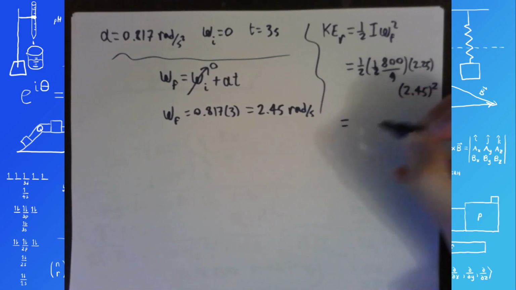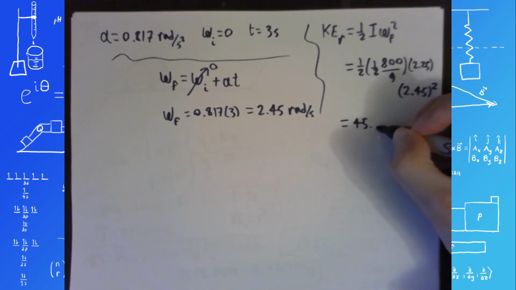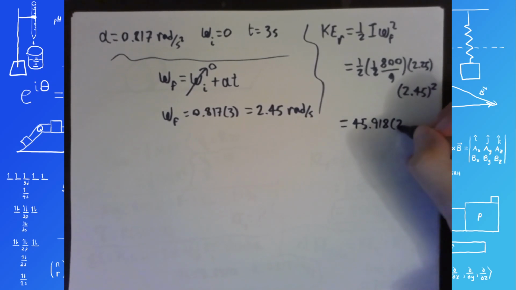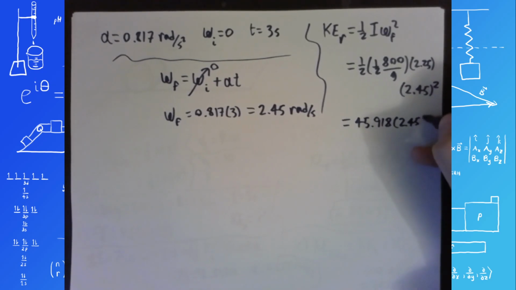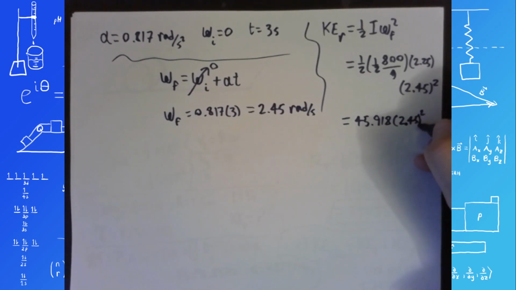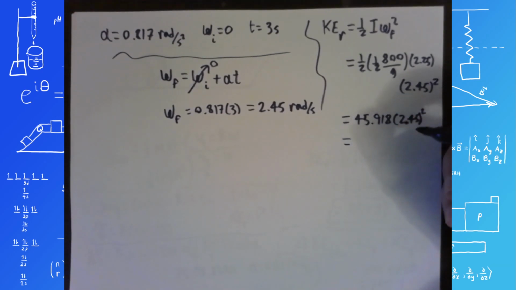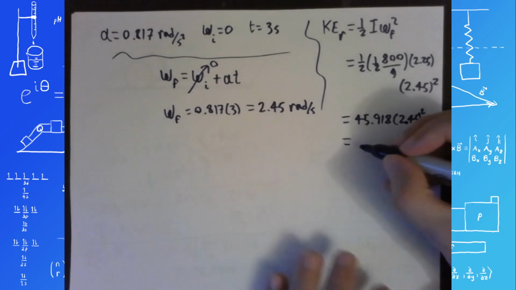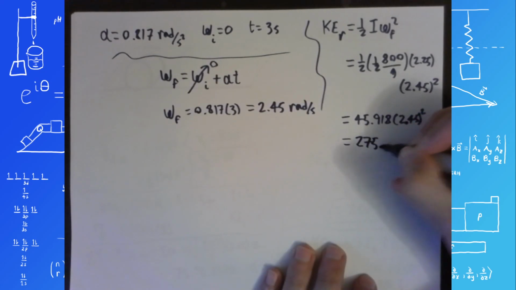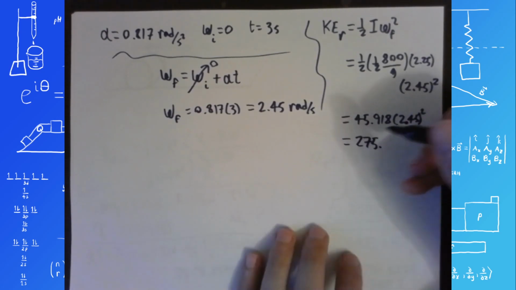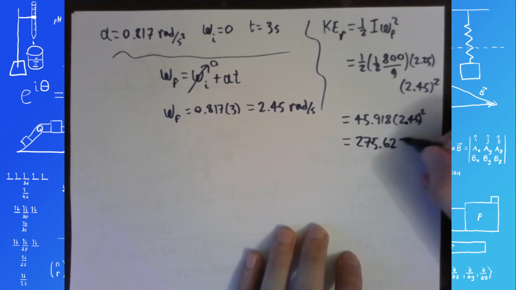So we've got 45.918 times 2.45 squared, and that is a grand total of 275. It says 622, so I'm going to round that to 62 joules.